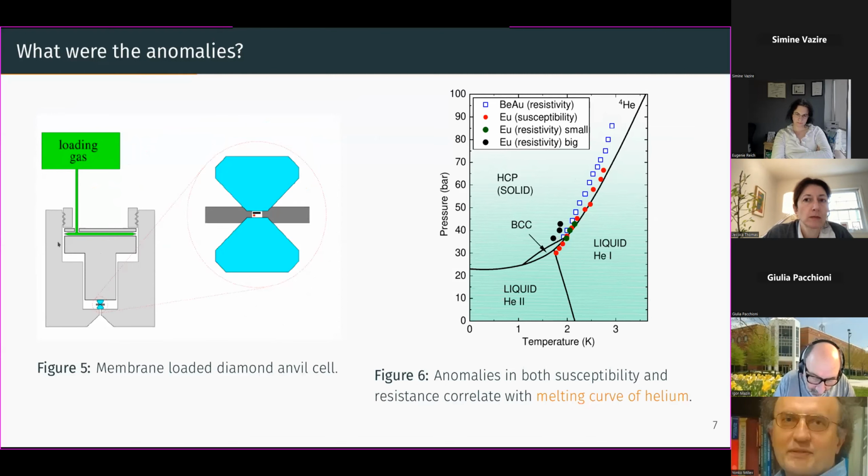So when the helium solidifies, there's a small change in the force, creates a small change in the pressure in the cell, and that can then create an anomaly in whatever you're measuring. And so if you plot the anomalies in europium, both the susceptibility and resistivity anomalies agree quite well with the melting curve of helium.